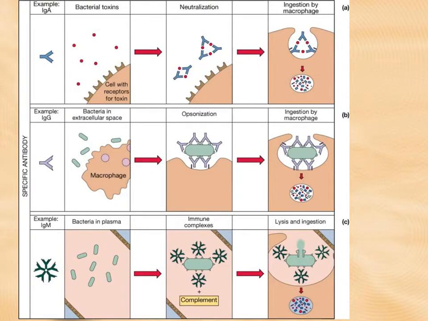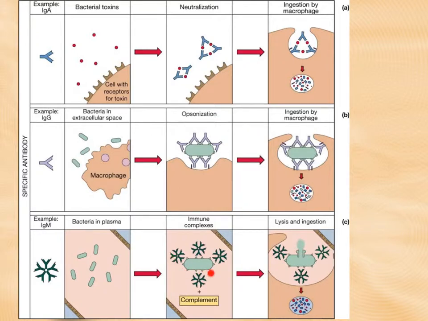So for example, an IgA can bind and neutralize these toxins or chemicals that are in the body, and then they can be ingested by the macrophage here. IgGs, they can help bind and block this bacteria from doing what it's doing, and so the macrophage then can more easily gobble it up and locate it and digest it.